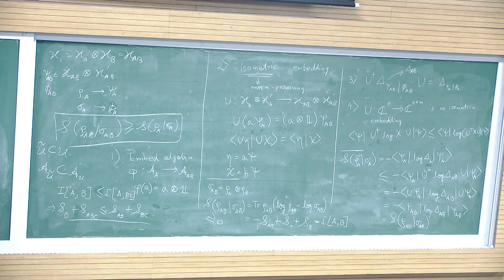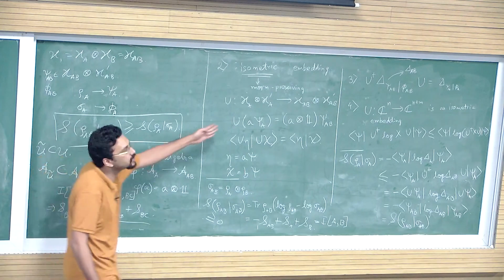Your Hilbert space will be a tensor product of 5 kets acting on A, while your full Hilbert space will be a tensor product of 20 kets. So this statement does not naturally hold, because earlier both A U tilde and A U were acting on the same Hilbert space. Now you can't do that, so you need to imitate it in some way, and this is the way to imitate it.